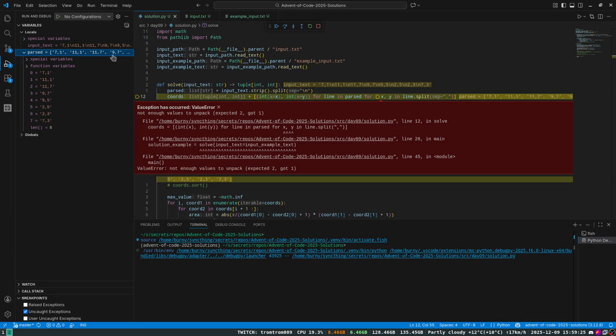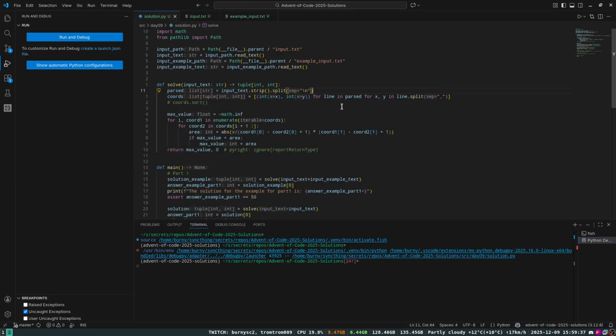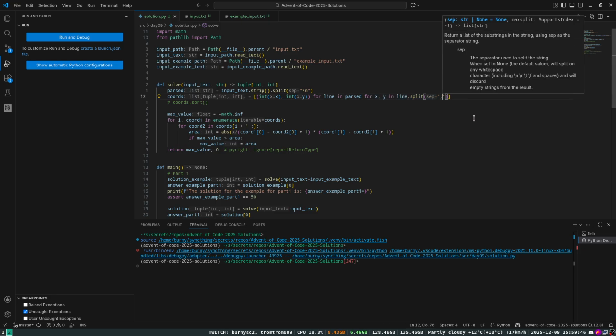Huh? Not enough values to unpack. For line in path for x, y in line split by comma.